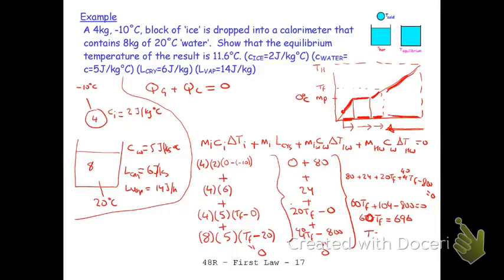So TF is equal to 696 over 60. TF is equal to 11.6 degrees C. And that's what I was supposed to get.